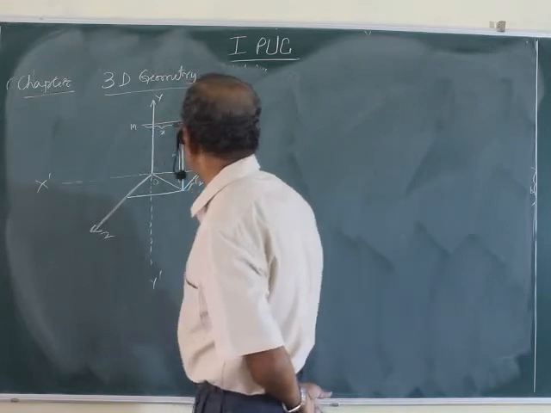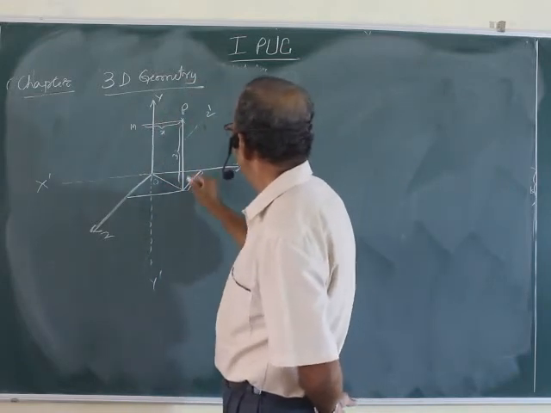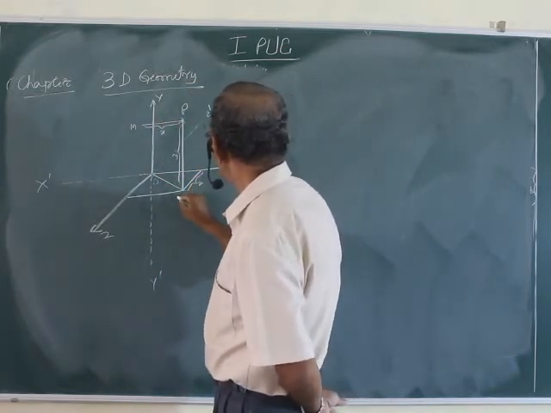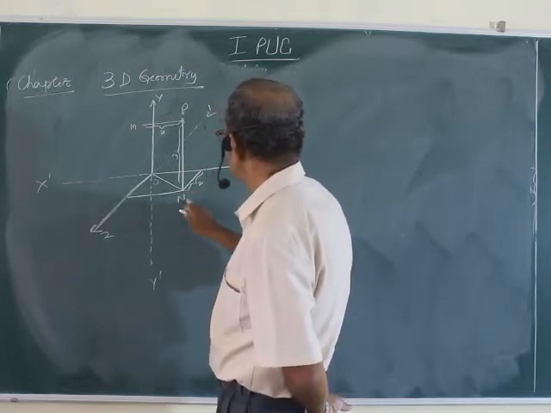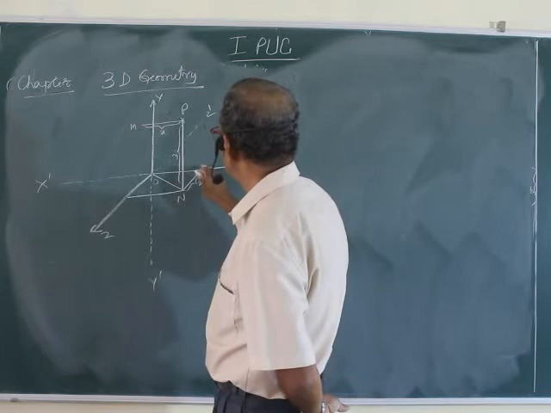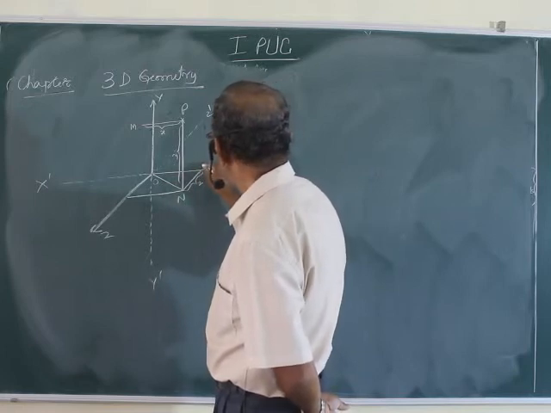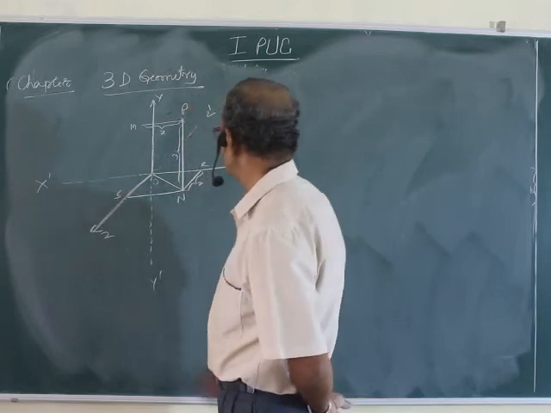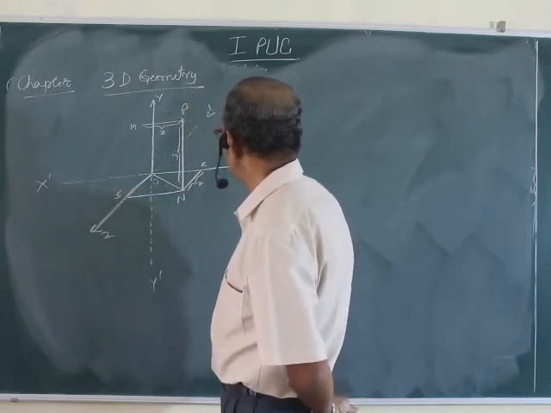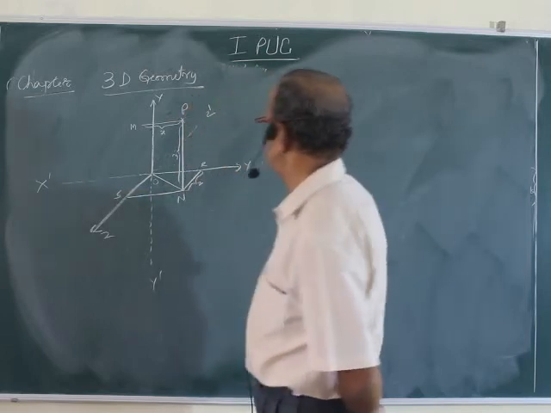PM perpendicular on YZ. PN perpendicular on XZ. N, two more points, R, here also S. Over, no? Yes, enough.